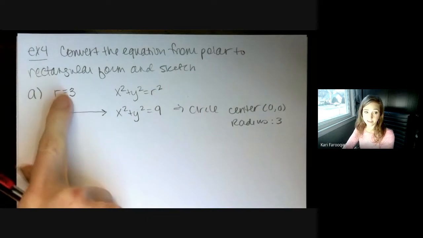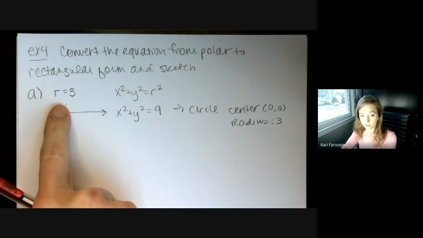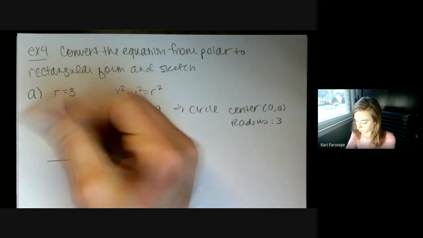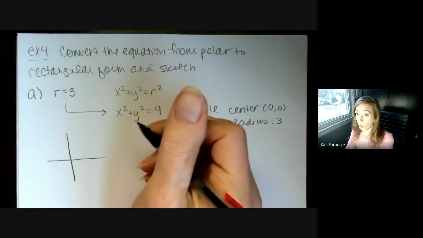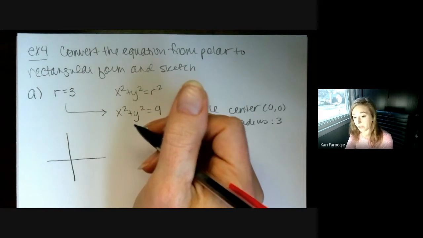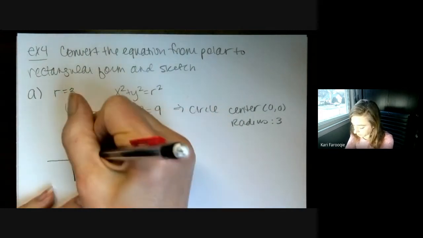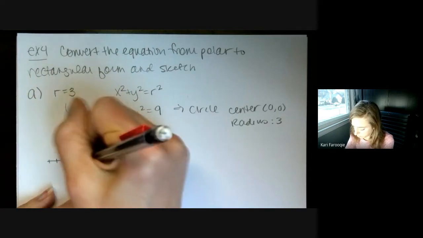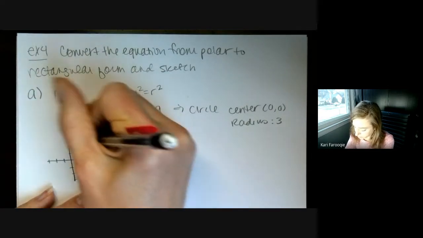This is actually probably going to be one of the easiest things in the world to graph. When r equals 3, you're just looking at the radius always being 3 all the time, no matter what the angle is. The angle could be anything in this world, it does not matter. Radius is 3 all the time.